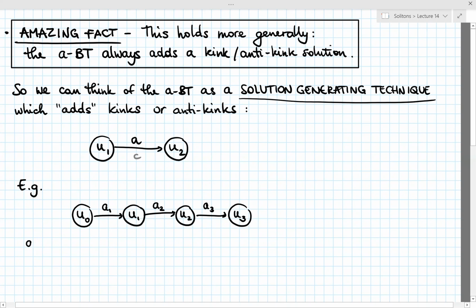So this diagram would represent the addition of three kinks or anti-kinks to the seed solution U0. Whether we add a kink or an anti-kink, in fact, depends on the seed solution. We'll see more about this later.